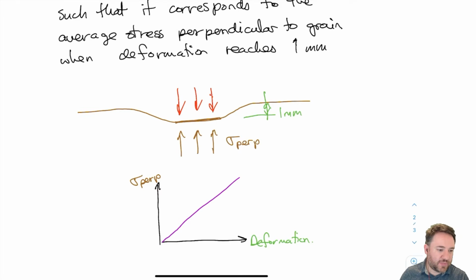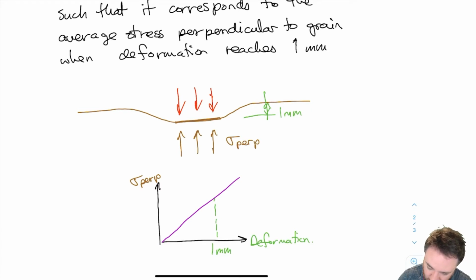And we can consider that as going to be something perhaps close to linear, even though likely it's not entirely linear. At some point, we're going to reach a deformation of 1 millimeter, right?